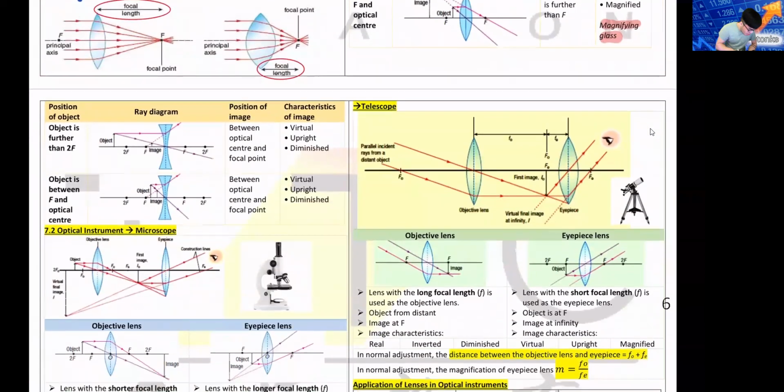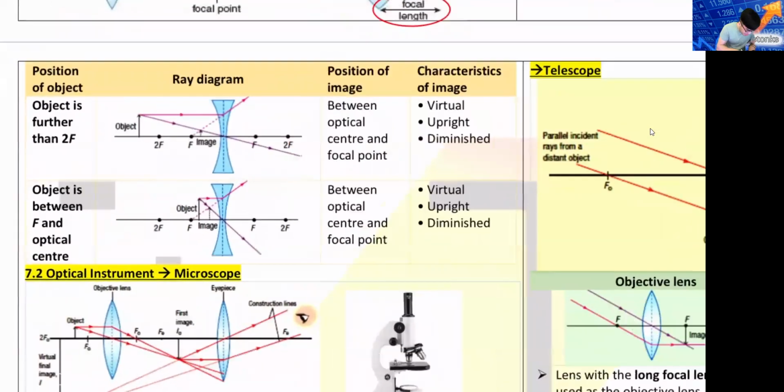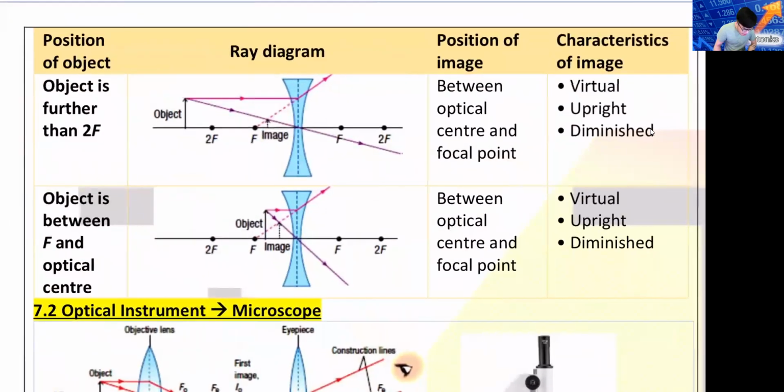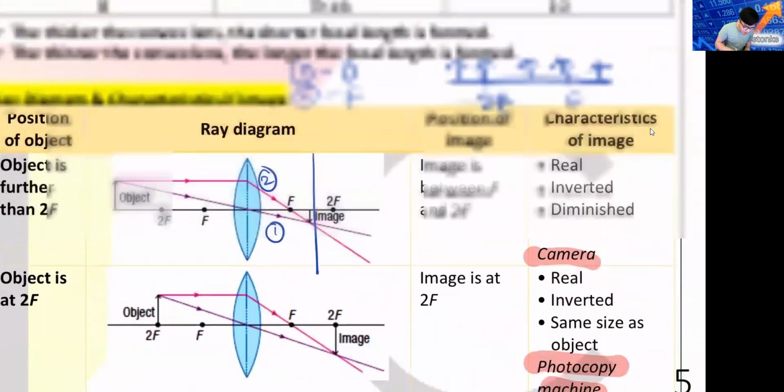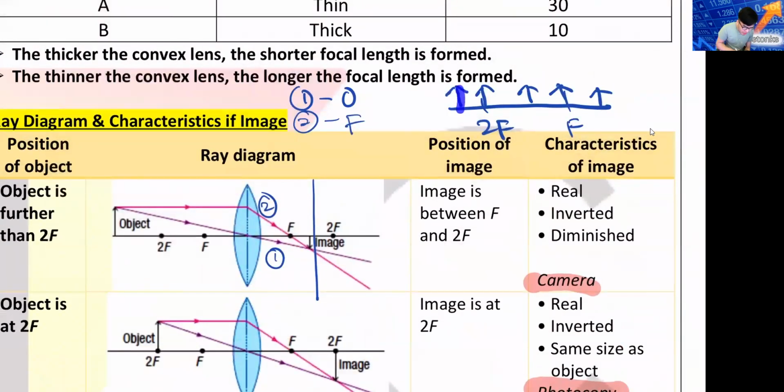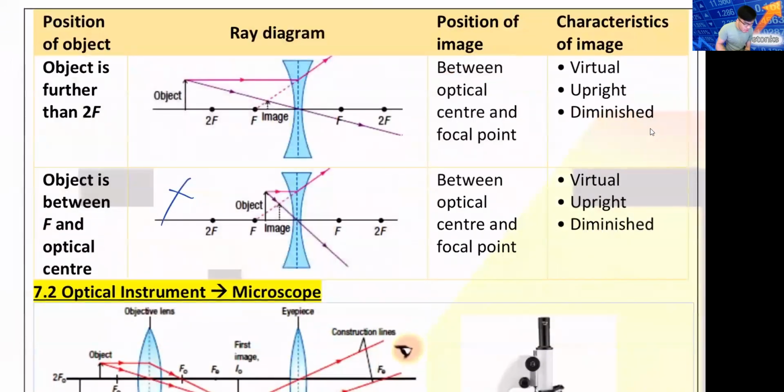If you look at our concave, why is there only one image? Why do I say so? Because remember just now we have five: behind 2F, on 2F, between F and 2F, on F, in front of F. Here, for concave, I don't care where you put, you will see the same image.